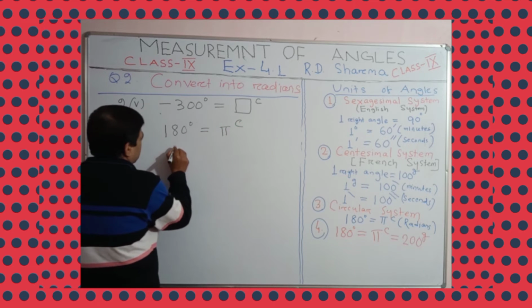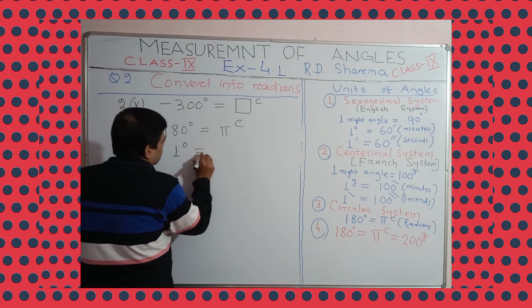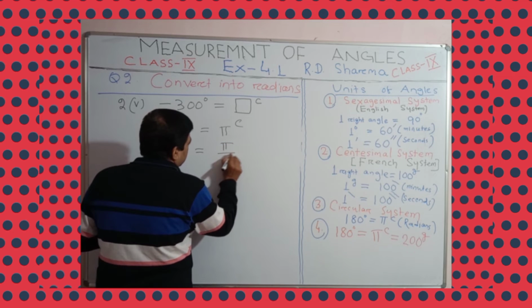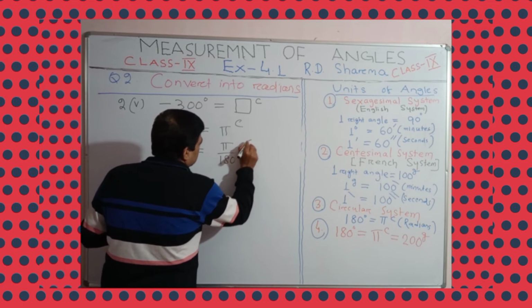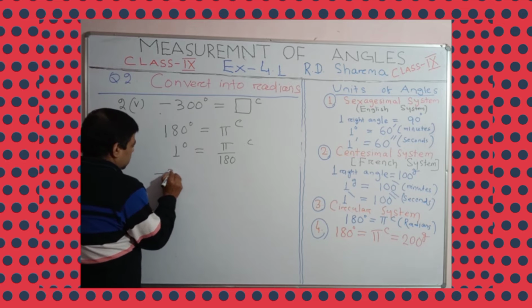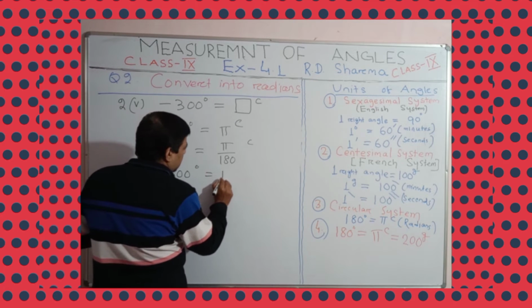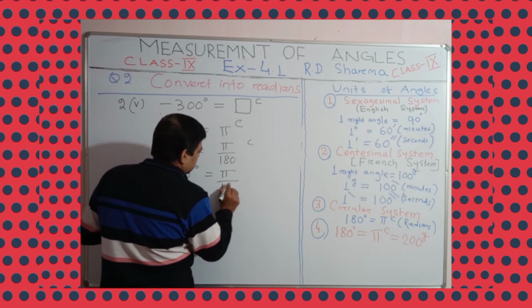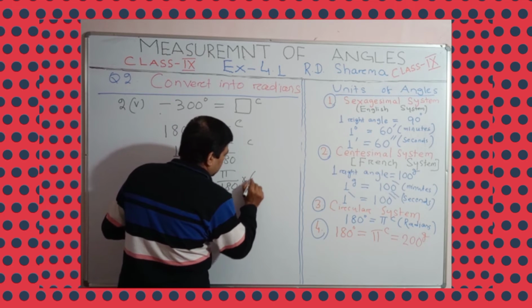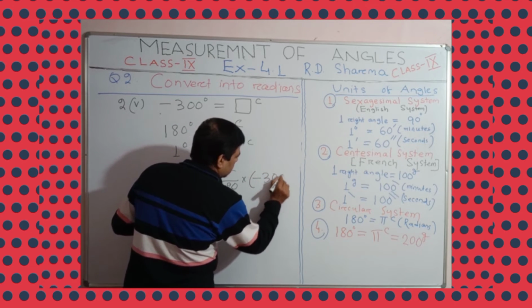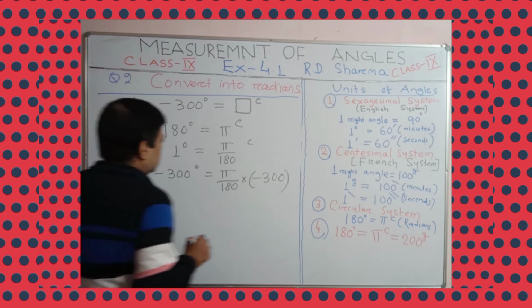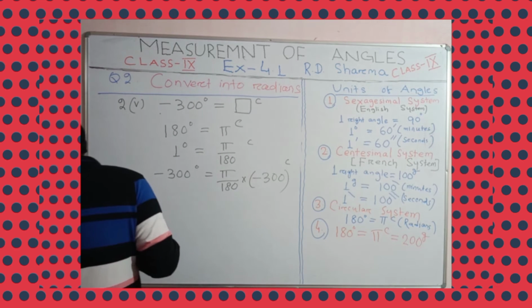So 1 degree is equal to pi upon 180 radian. So minus 300 degree is equal to pi upon 180 into minus 300 radian.